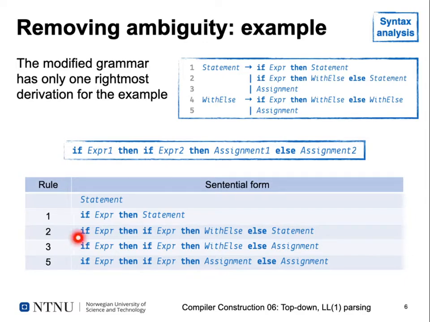So essentially we expand this to if expression then, if expression then with-else statement. Then from the right-hand side we can replace a statement by assignment, and then we can replace this again by another assignment here, and then we're done and we have an unambiguous resolution, so we actually know which if statement this else statement belongs to.